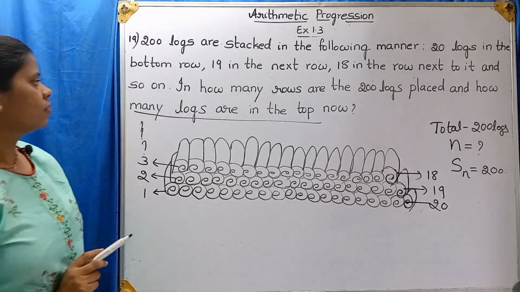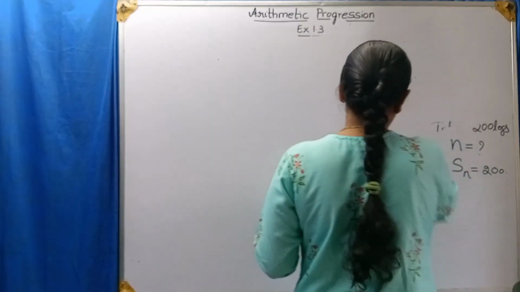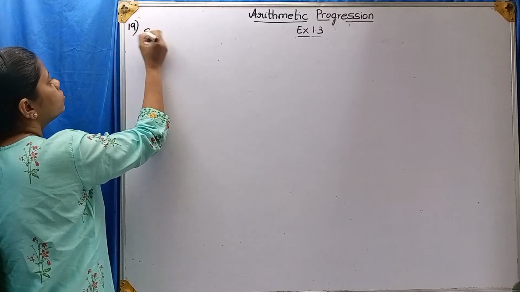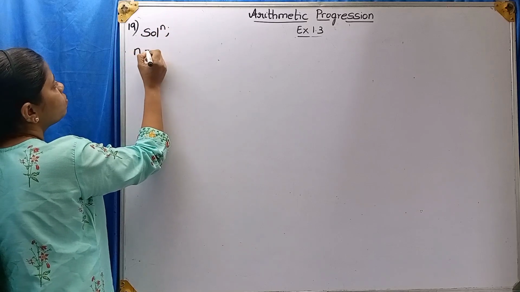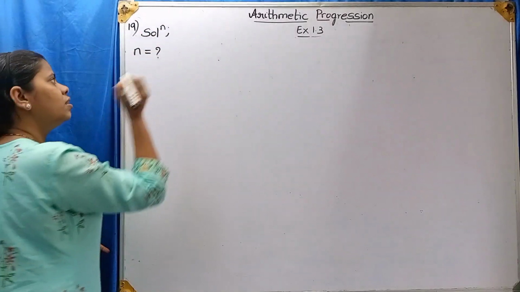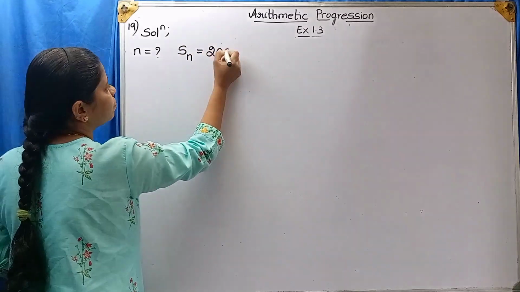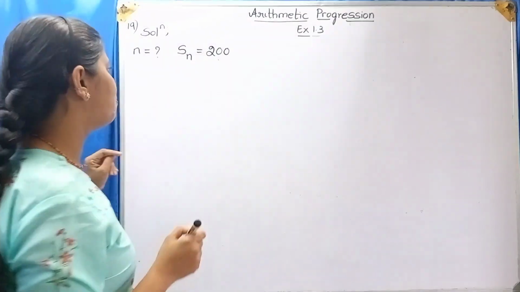Okay. Let me rub the board. 19th one, solution. See here, we have n is equal to question mark. Then Sn is 200. And the logs are in AP.